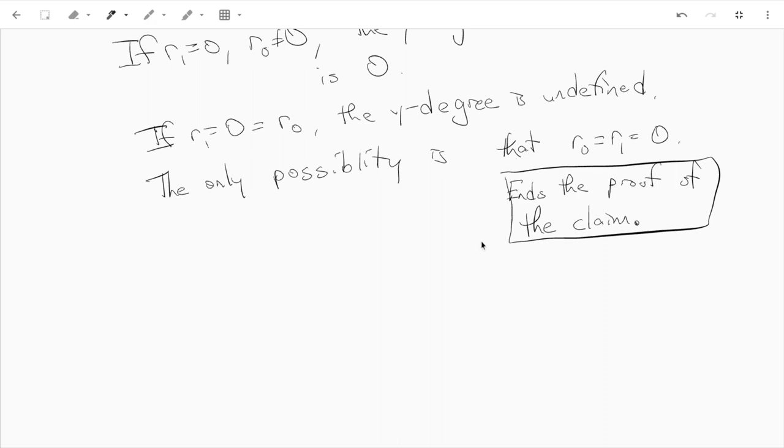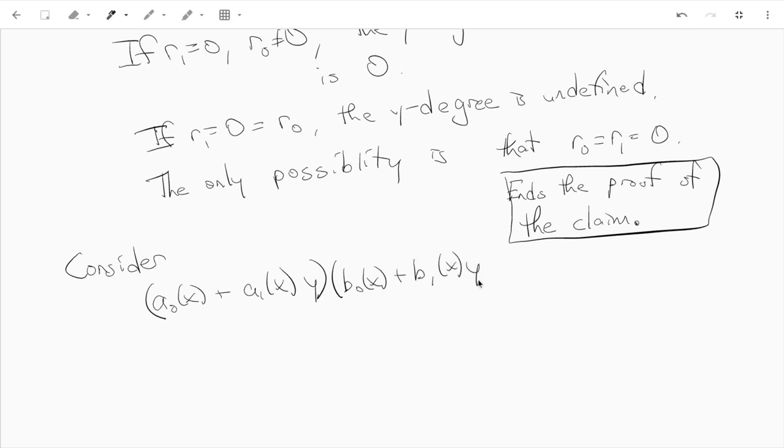In a different video we'll continue from there, but the idea is that we want to show that R mod I is an integral domain. That means we want to take two elements of R mod I, which we know can be expressed like a0(x) plus a1(x) times y, and consider that times b0(x) plus b1(x) times y, set equal to 0.